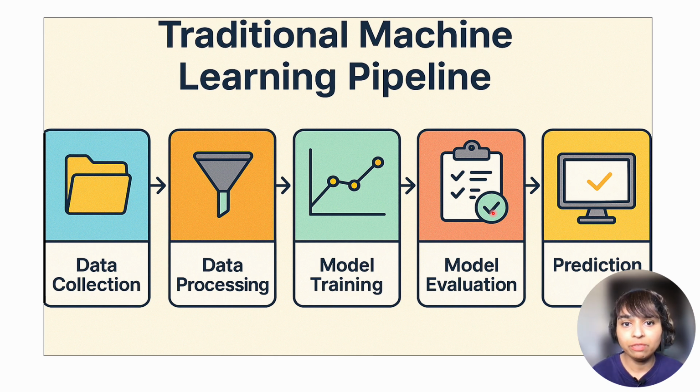And finally, if you make it that far, you deploy it into production and try to keep it alive with your fingers crossed. Every step involves tools, scripts, different tools, different scripts, and often different machines. It's powerful but painful. So yeah, that's the traditional machine learning pipeline.